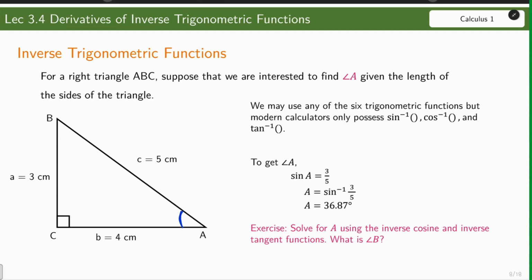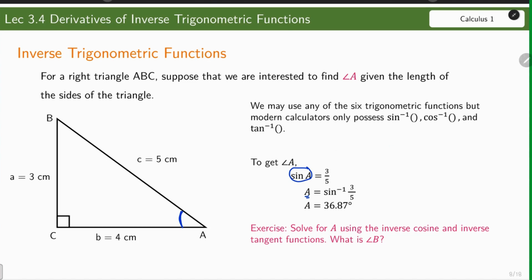Taking the arcsine of both sides of the equation, sine A becomes A, and the other side of the equation becomes arcsine of 3 over 5. So take note that when we take the arcsine of sine A, it becomes A. It's because arcsine is the inverse of sine.